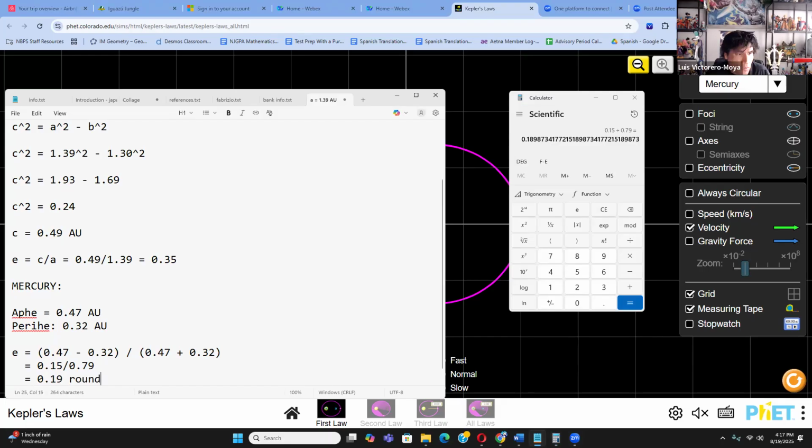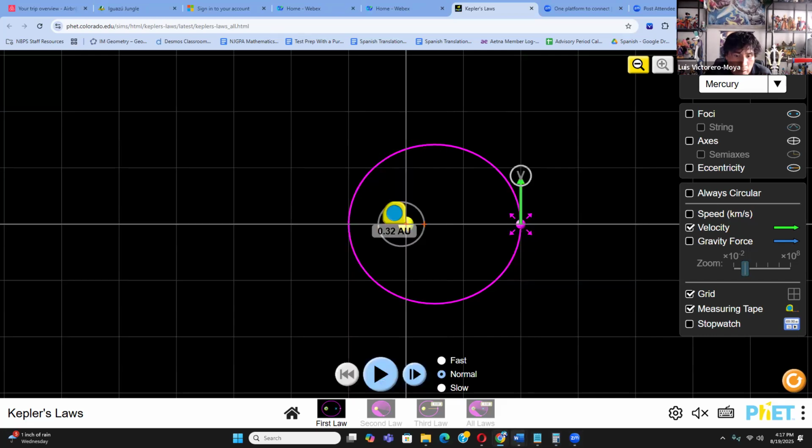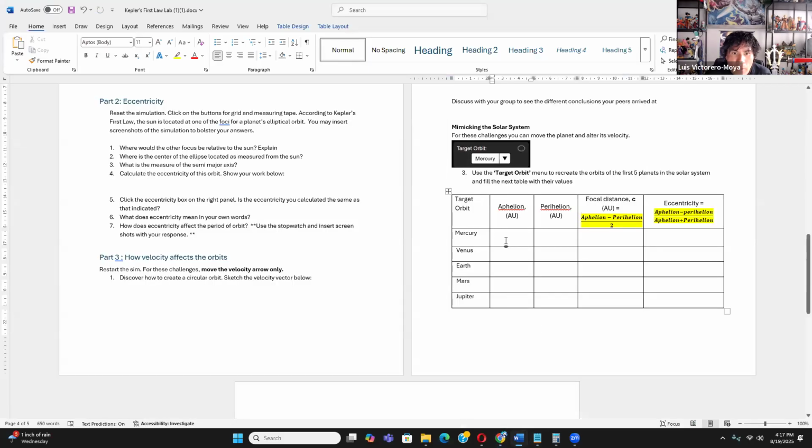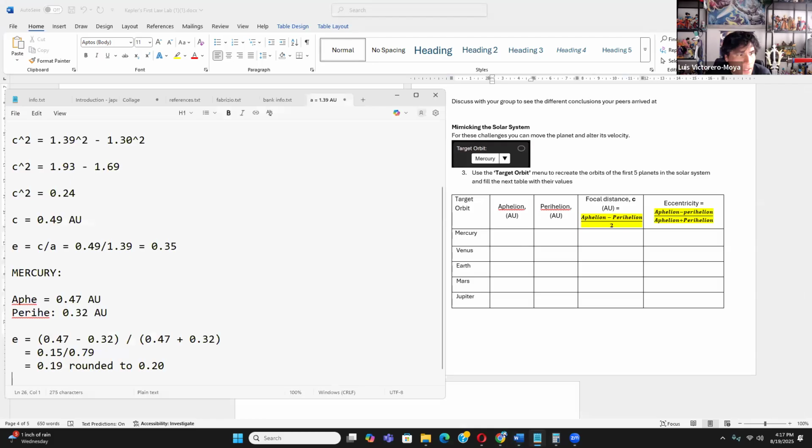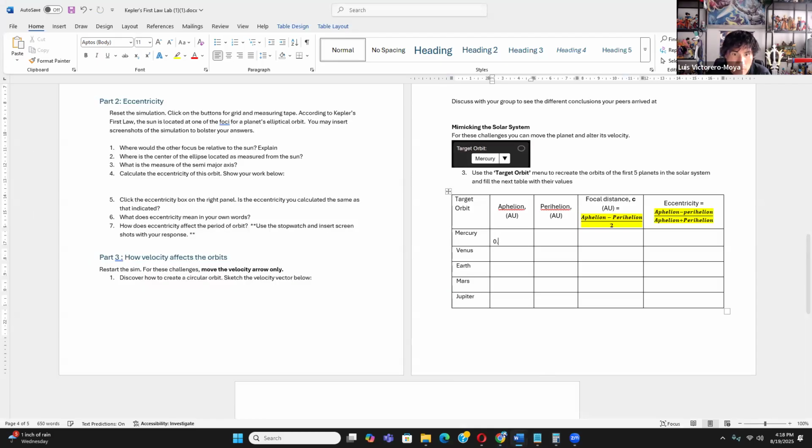You can even round it to 0.2. So we can find the aphelion, perihelion, and that's what you write here. Aphelion minus the value of C will be 0.075, if you think about it, because this minus this divided by 2 is that, and then you see we got 0.20.